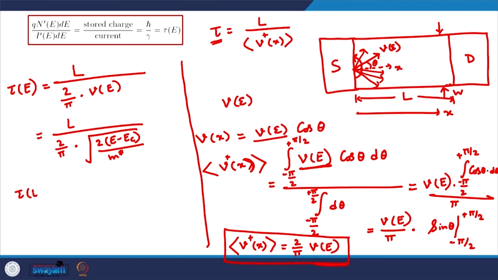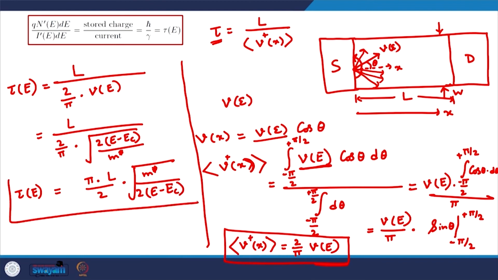So, this parameter tau will be pi L by 2 into square root of m star divided by 2 times E minus Ec.